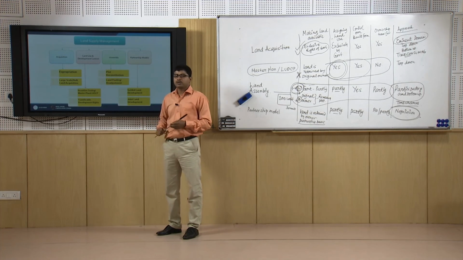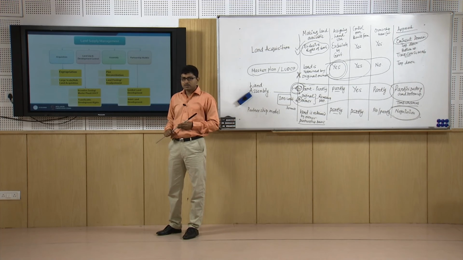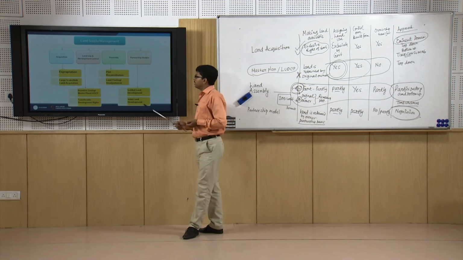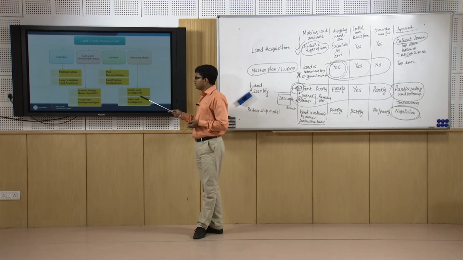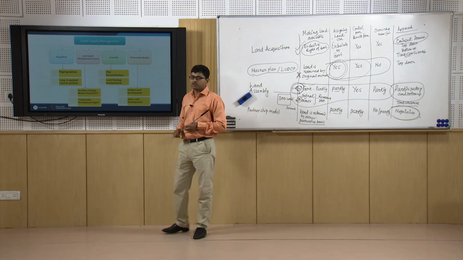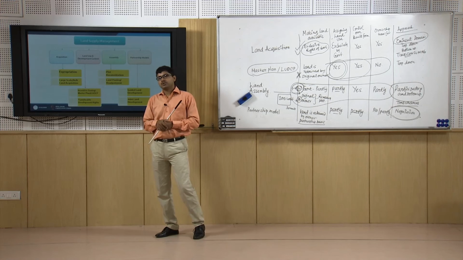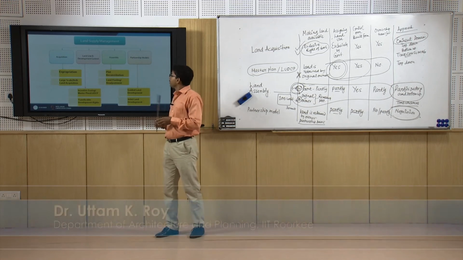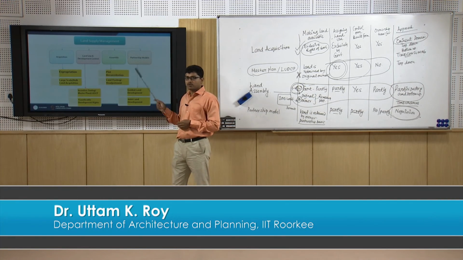There are many examples in Gujarat or Madhya Pradesh. You can see any one of the examples, and there are many partnership models. Right now it is being adopted, especially with the smart city project. Various cities are adopting the partnership model of land assembly for the future development of housing.